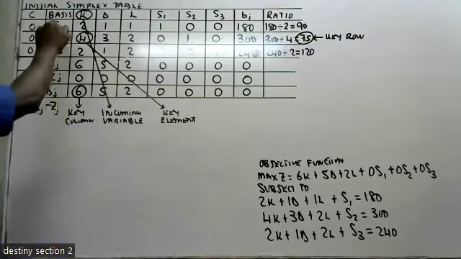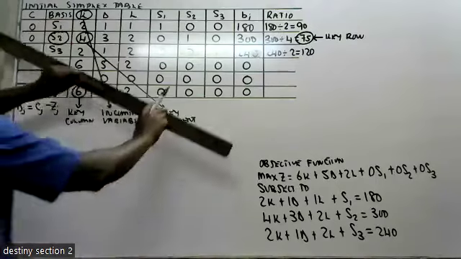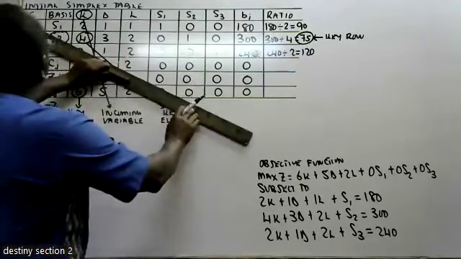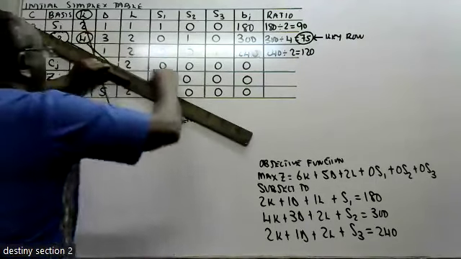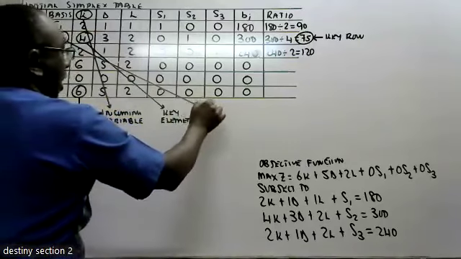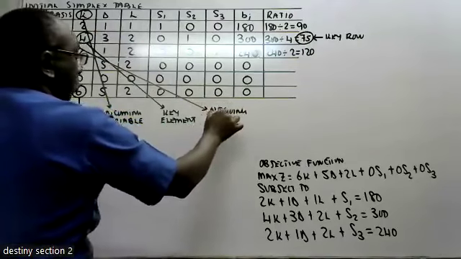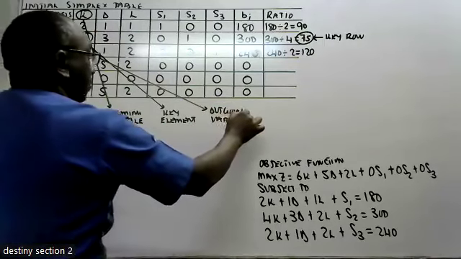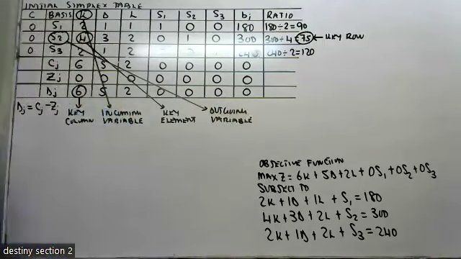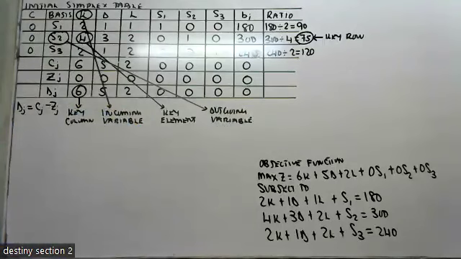Then the item at the title of the key row is called the outgoing variable.